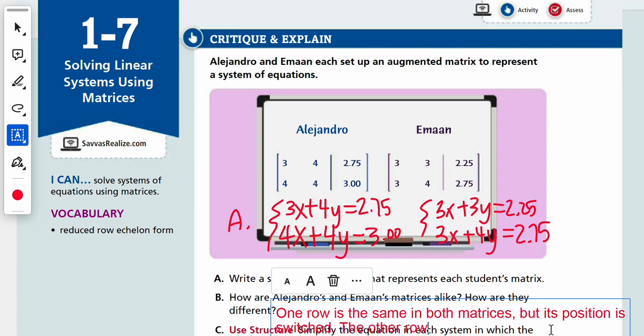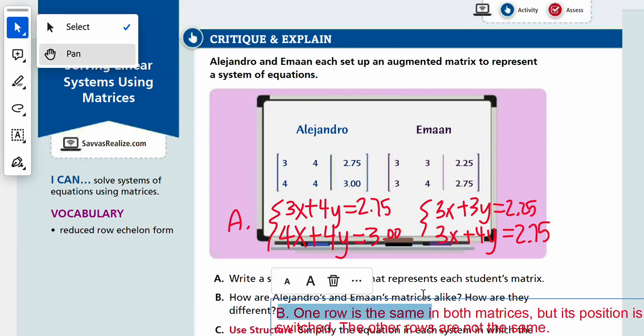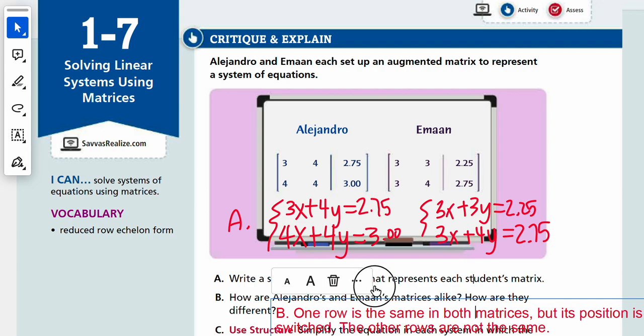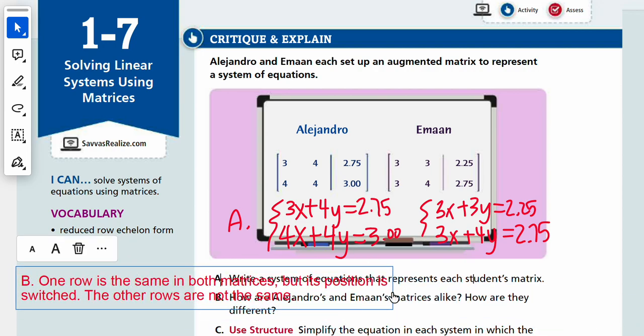The other rows are not the same. So this is part B.